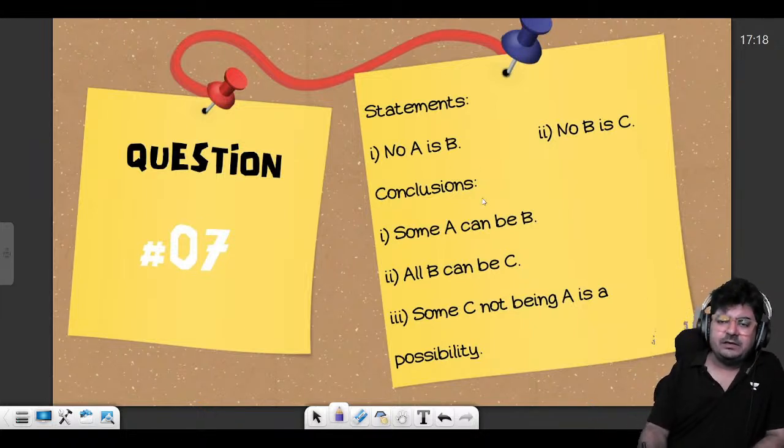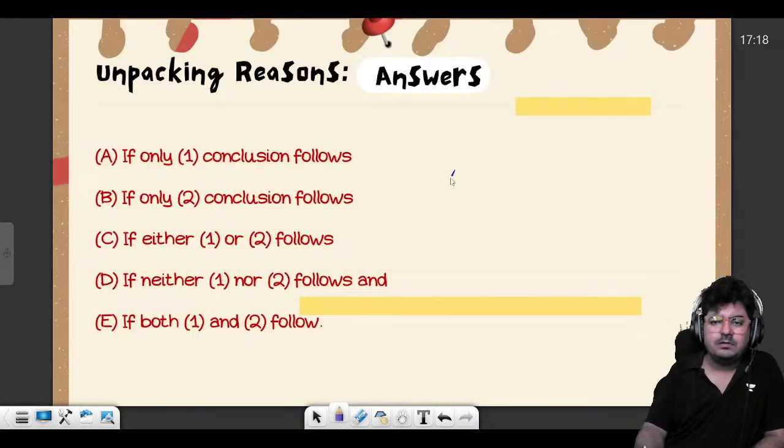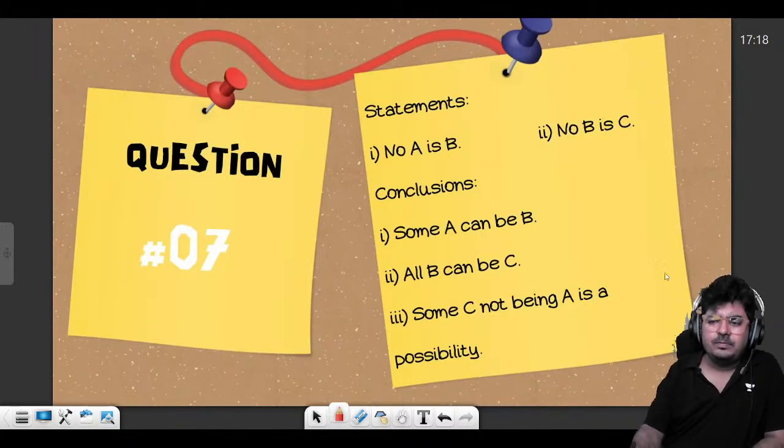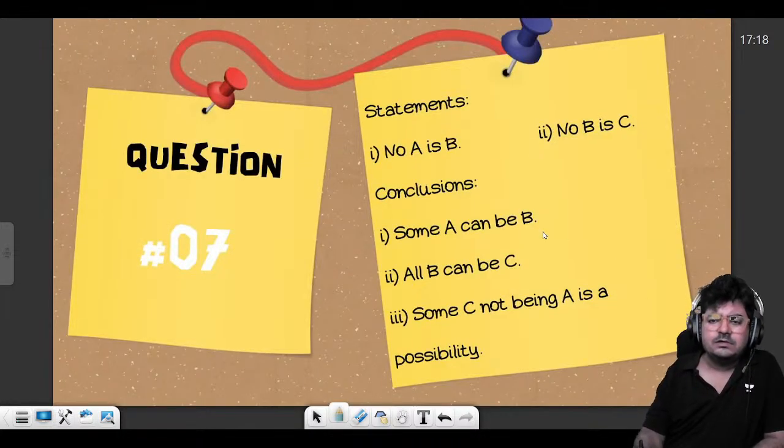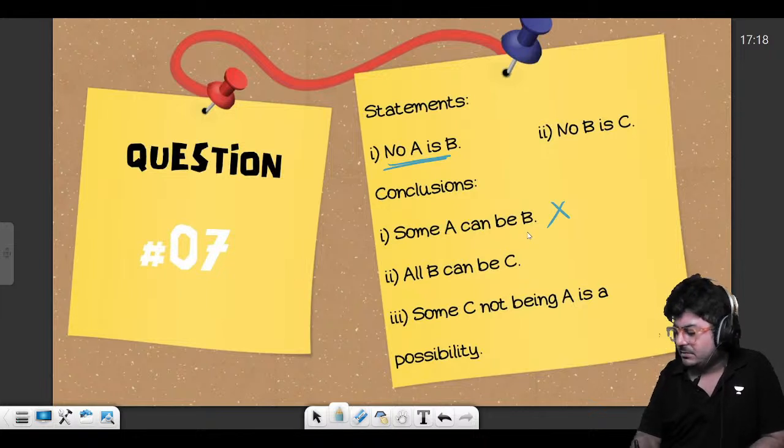No A is B, okay. This is A, this is B. No B is C, fine, this is C. Conclusion: some A can be B, false, obviously. It is given no A is B, so the first is not possible at all.